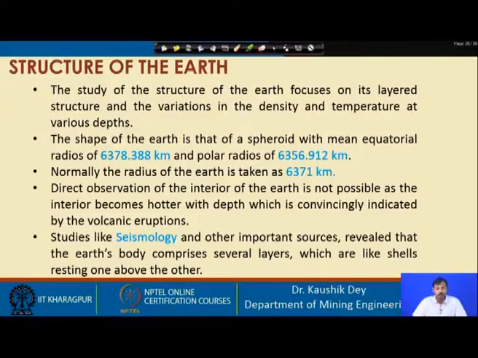So, direct observation of the interior of the earth is not possible. If you go through the internet, where knowledge is available, you will find that the deepest hole, made by the Russian people, is approximately 15 kilometer or something like that. I may not be in a position to tell you the exact value, but it is similar to that.